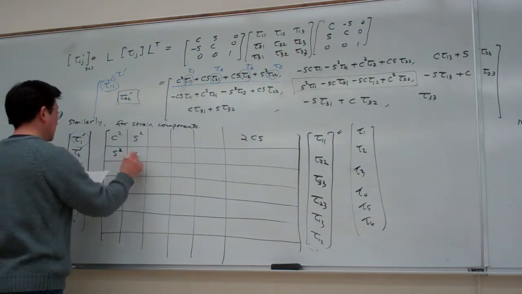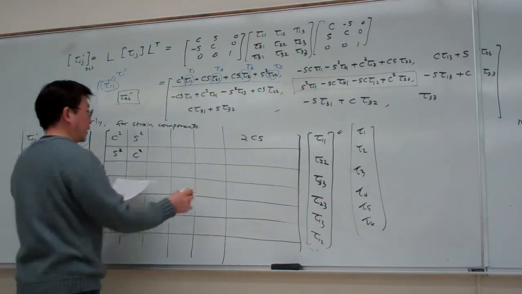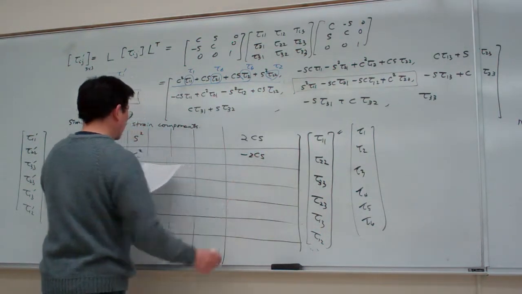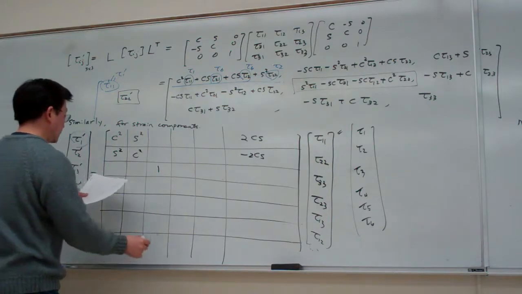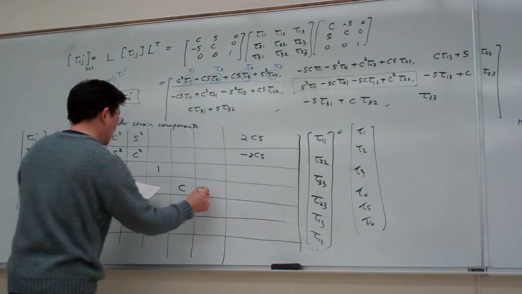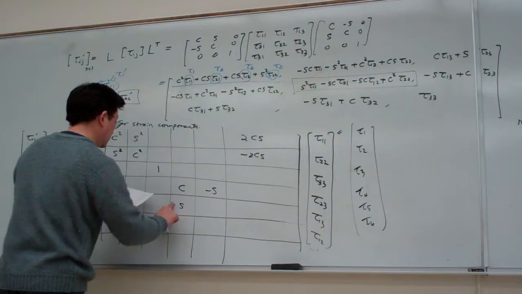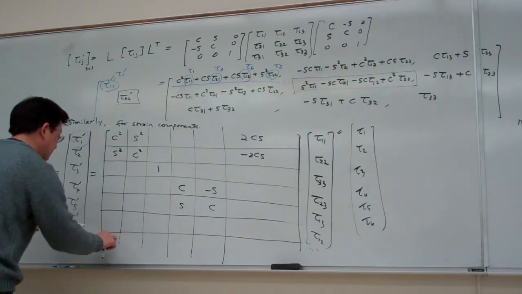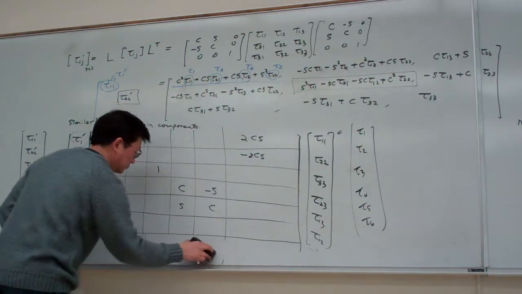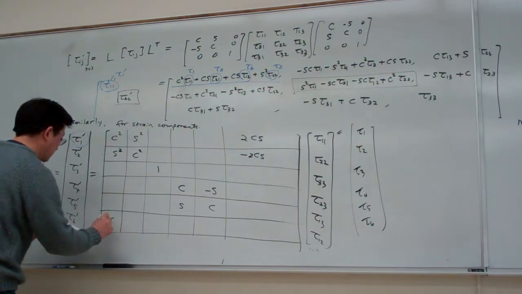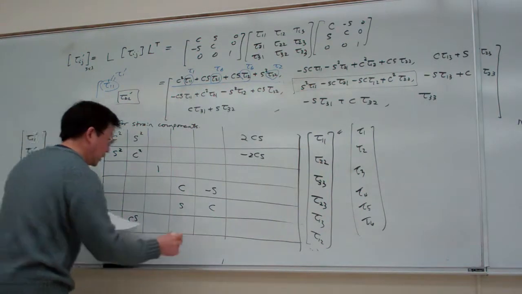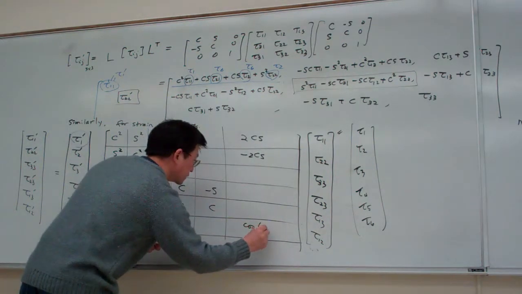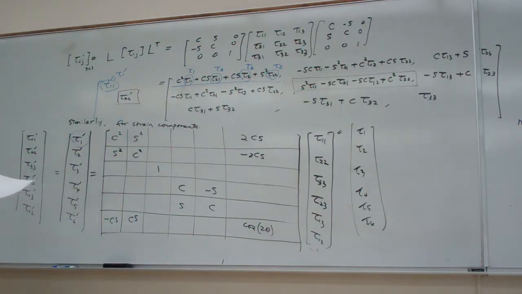S squared, C squared, and minus 2CS, and this is 1, and C minus S, and S, and minus and C, and this is minus CS, CS, and cosine 2 theta. Then double check. Yeah, should be right. Good.